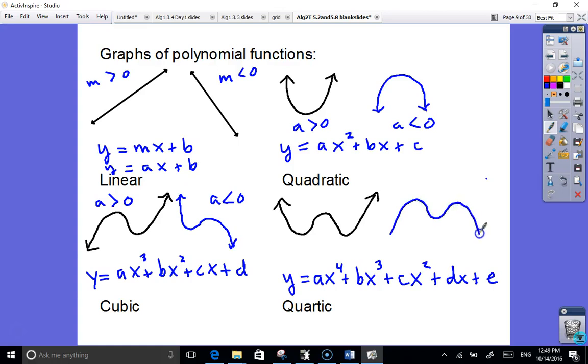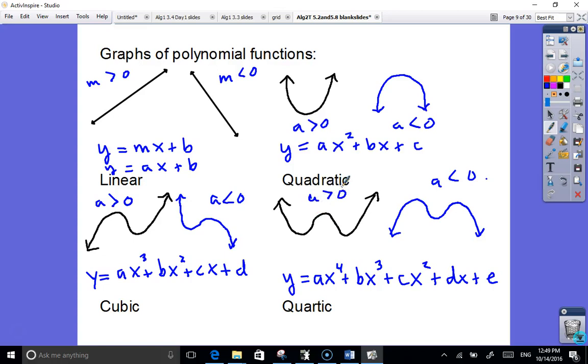And as you might expect, the condition for flipping it is that a is less than 0. If the leading coefficient is less than 0, then it flips. If the leading coefficient is not less than 0, then it's opening up. And again, that's exactly like the parabola, right? The parabola opened up when a is greater than 0, and it opened down when a is less than 0.